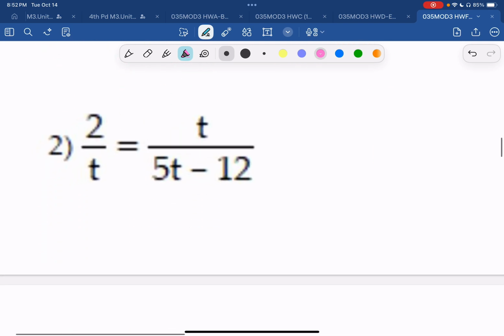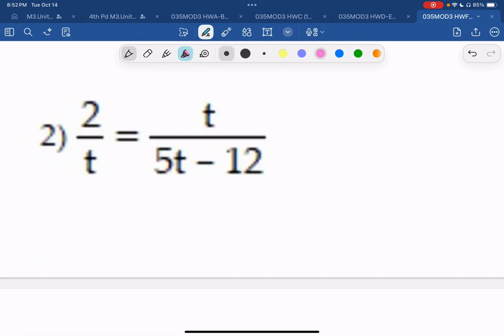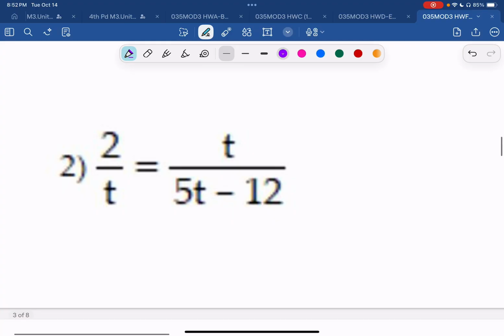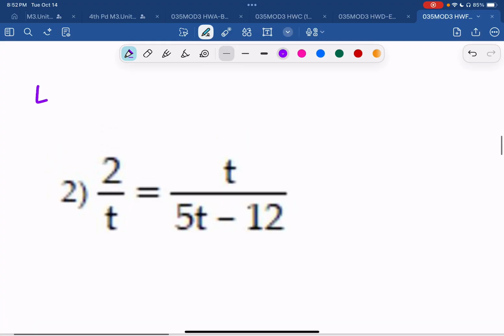All right, so let's look here. So we've got 2 denominators here. What would that LCD be? Okay, so can't factor anything, which tells us that our LCD just needs to be a combination of the 2. So I'm going to multiply everything by t times 5t minus 12.